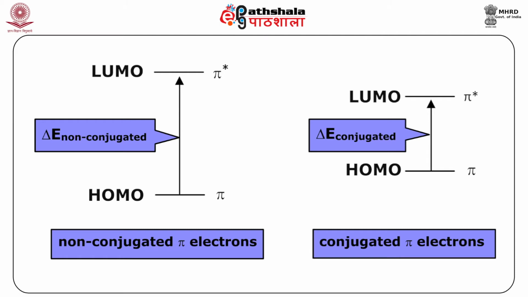As a result, less energy is required for an electronic transition in a conjugated system than in a non-conjugated system. This has been clearly and finely depicted in the figure.